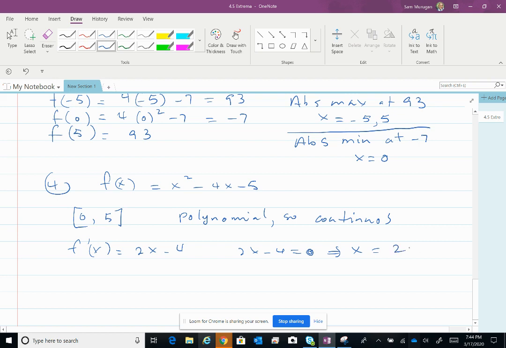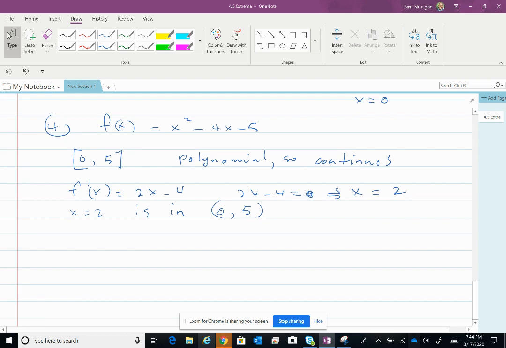So 2 is in the interval 0 to 5. So that is clearly one of the critical numbers. We need to substitute values now: the endpoints, f of 0, the critical number 2, and then the other endpoint 5, into the original function.